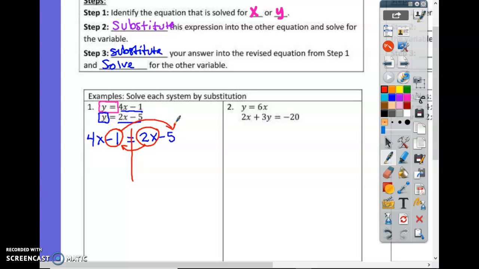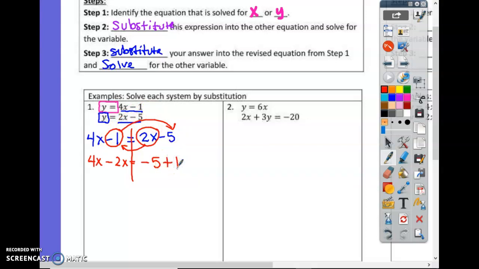So the x is on the left side and the numbers on the right side. So right here, 4x, change the sign of this one, minus 2x equals. On the other side, I have negative 5. And then this one, when it comes over, what does it become? Plus 1.